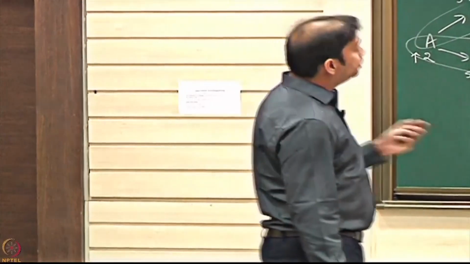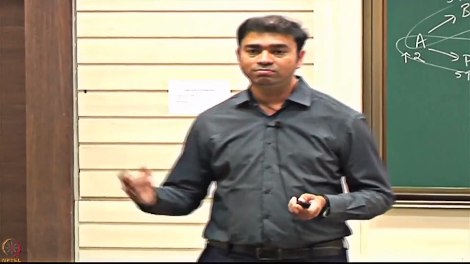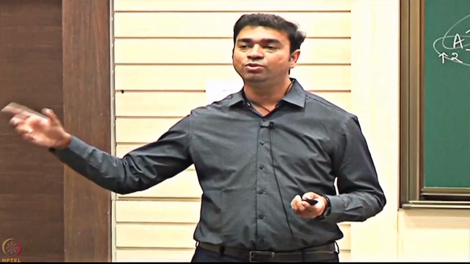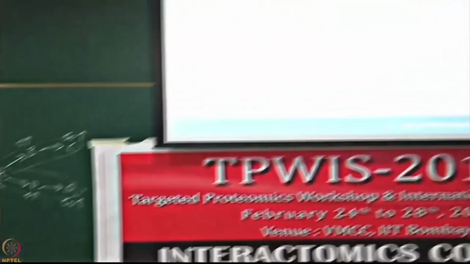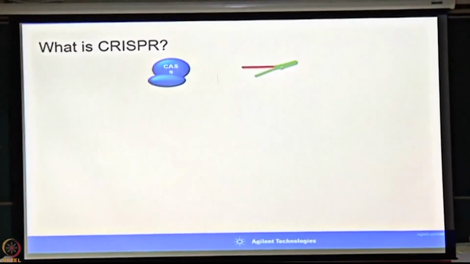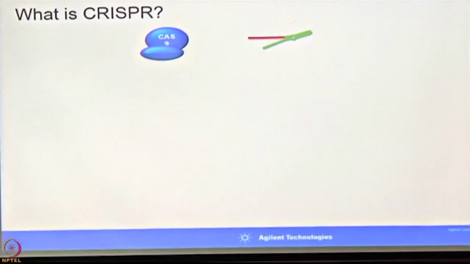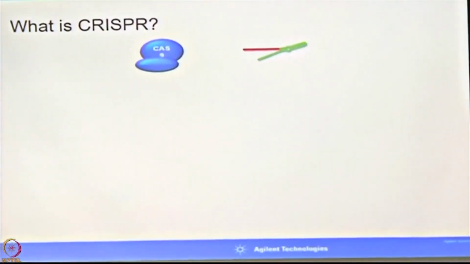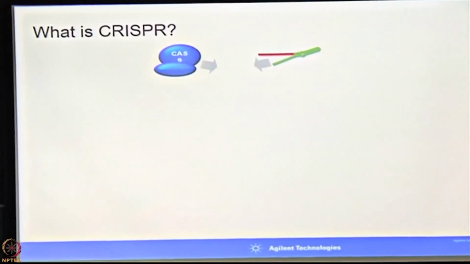Let's start with that. What is CRISPR-Cas? This allows you to correct a mutation, maybe, or do gene editing. It is based on the guide RNA, right? So this is the guide RNA, this is the site of recognition, and this is the Cas9 enzyme.